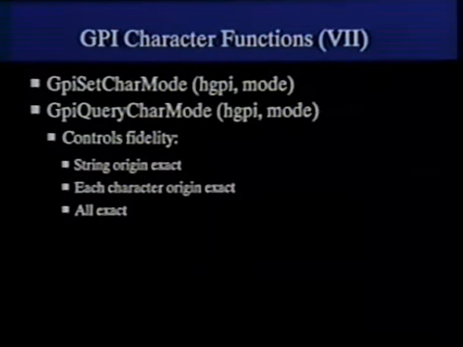You can say, well, okay, just get the origin correct. I really am just going to do sort of a proof of this picture, if you will. You could specify that you want each of the character origins to be exact. Or finally, you can say, okay, you better get everything correct. Clearly, the character mode is going to have an impact on the amount of time the system has to spend to image a character sequence.